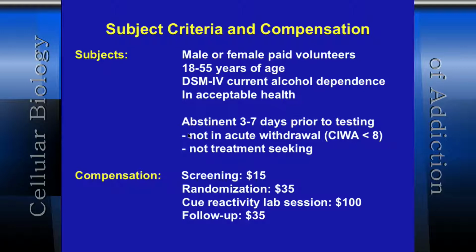And they have to be non-treatment seeking because we are exposing them to alcohol cues that may make them more likely to drink. And we pay them because they're doing it for the money. They're paid volunteers to participate in the project.